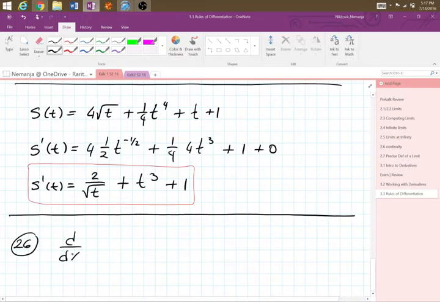Now, how would you differentiate this? How would you go about differentiating this one?